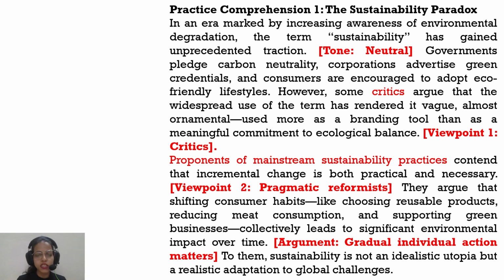You don't have to remember each and every example that has been given here, but you should know that in this paragraph mostly mainstream sustainability practices are discussed. And what are these? Those gradual individual actions. So here they are saying gradual individual actions matter.